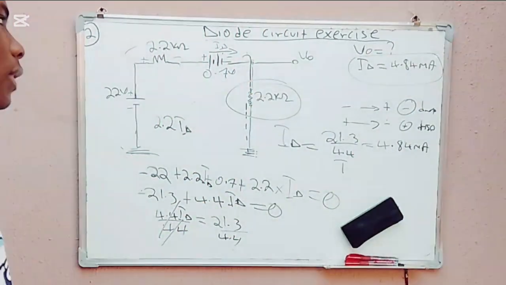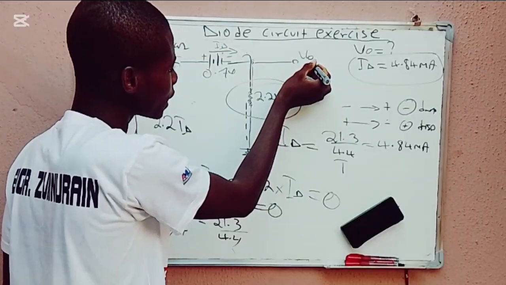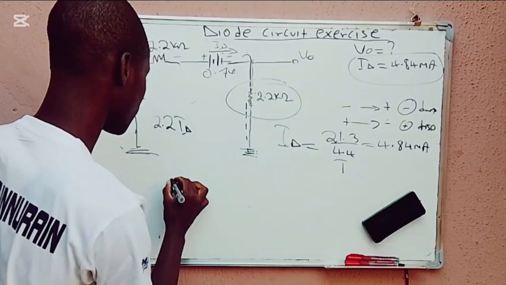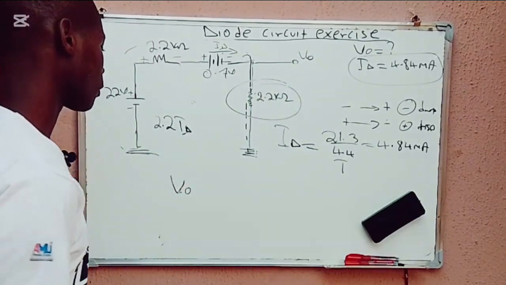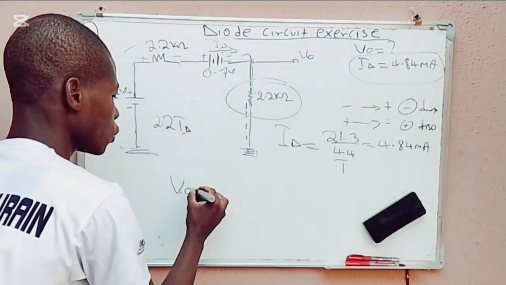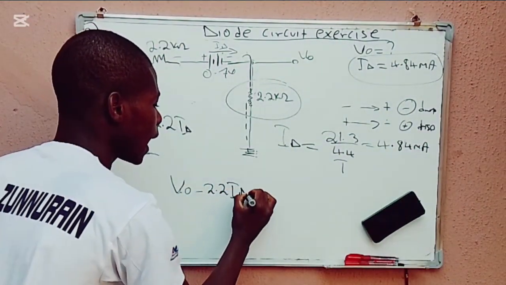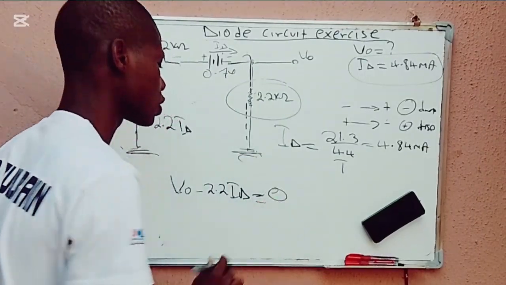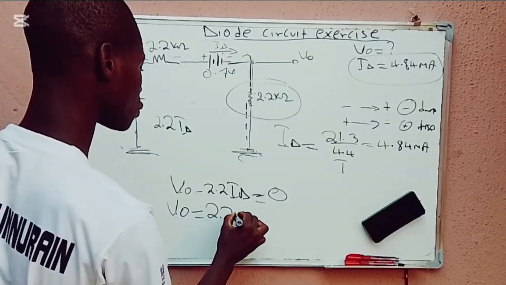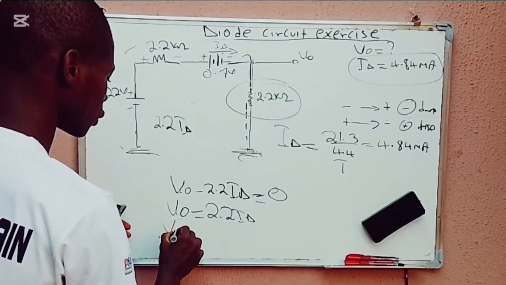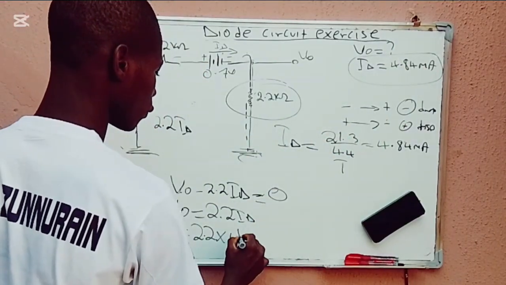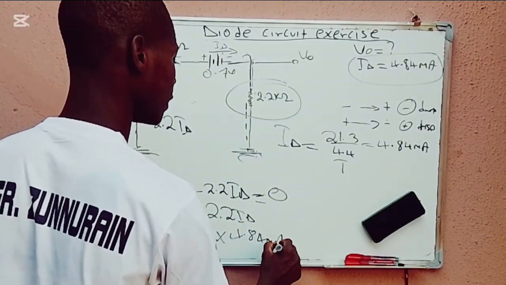So the next thing is the voltage, the V out. When this V naught rises, the resistance will drop, so it will be negative 2.2 ID equal to the source of ground, which is 0. So V naught should now be equal to 2.2 multiplied by ID, which is 4.84 milliamps.